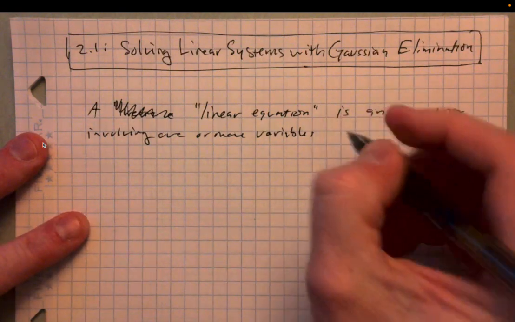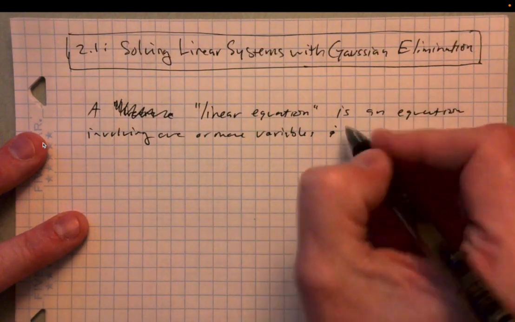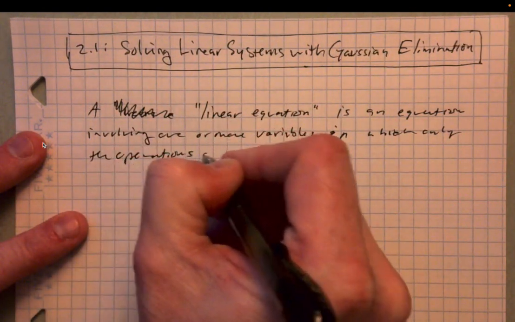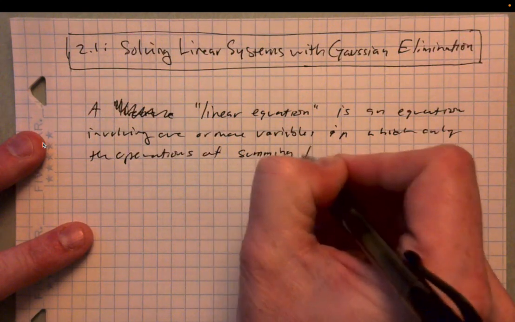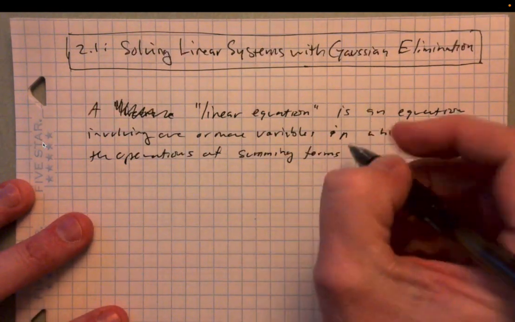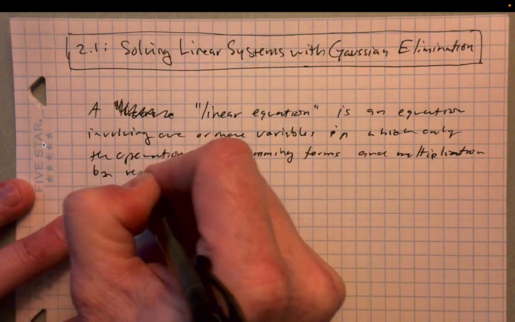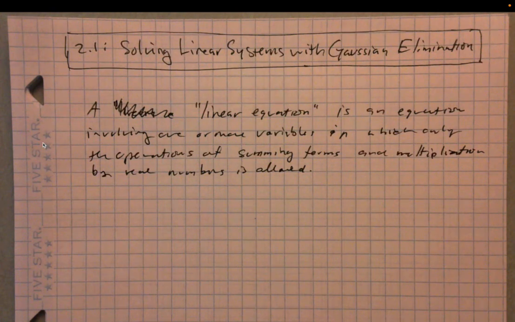A linear equation is an equation involving one or more variables in which only the operations of summing terms and multiplication by real numbers are allowed. We're going to limit the range of operations that can be done in an equation if it's linear. Okay, so an equation will have terms, and in this case we'll be summing them, and multiplication by real numbers.